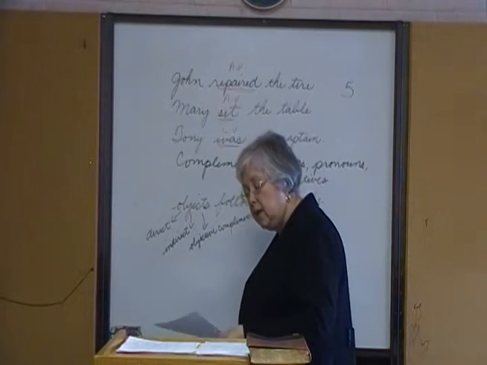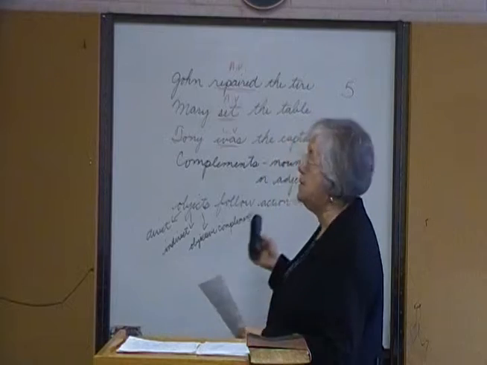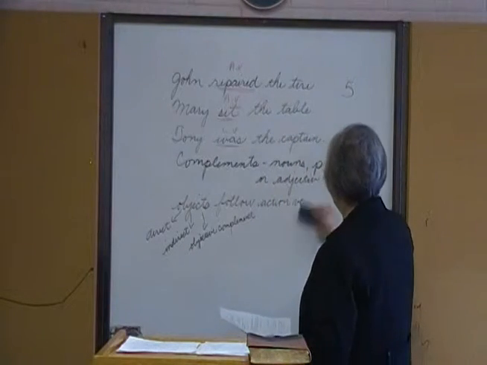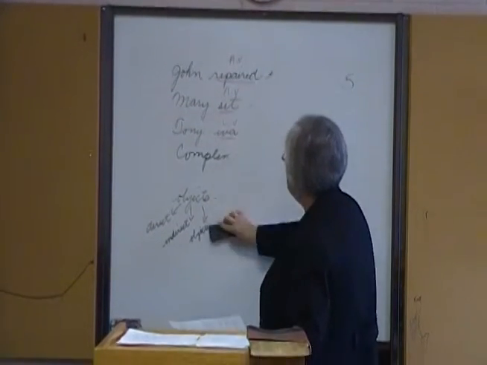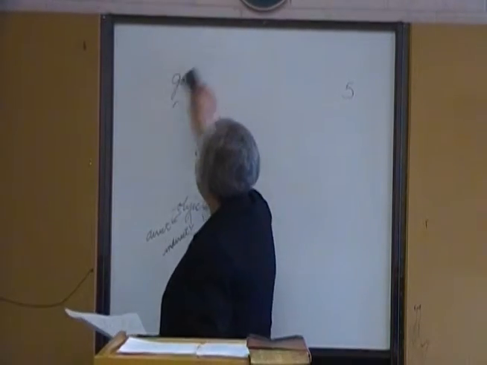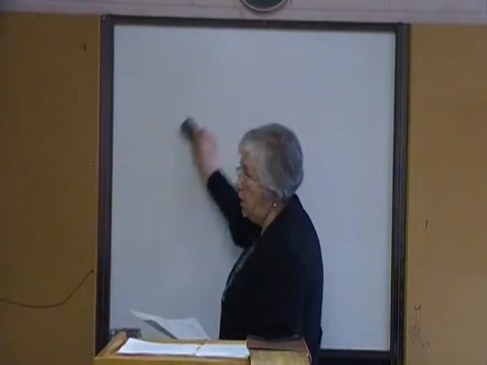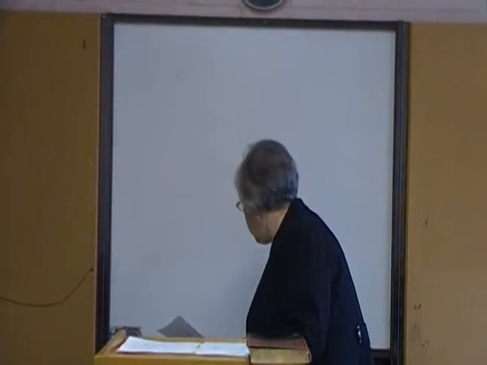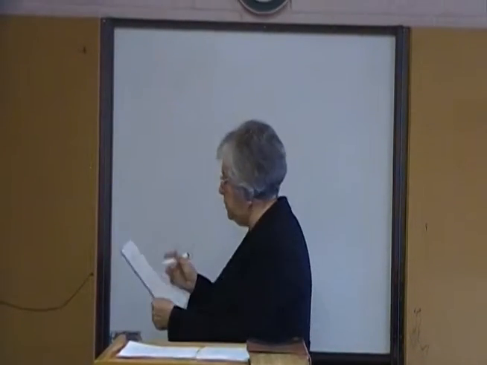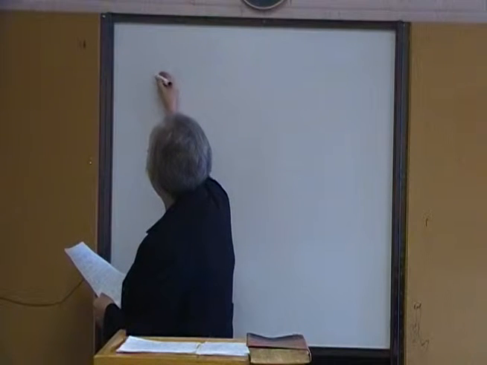The best way to take a look at them is by looking at them in sentences and how they're used. So keep in mind what complements are, especially the parts of speech. Keep in mind they follow the verb. All right, so we're looking at action verbs, and we're looking at complements that follow action verbs. All right, sentence number 1.